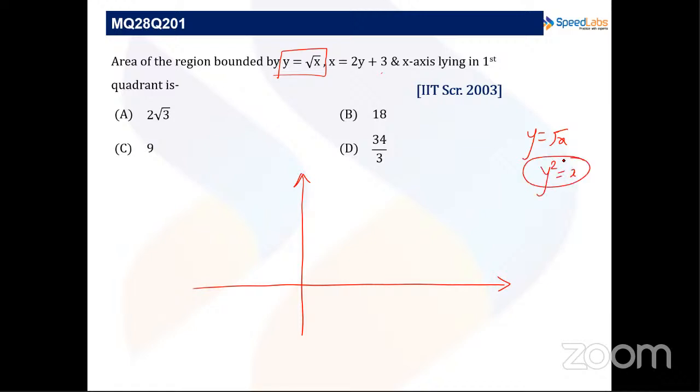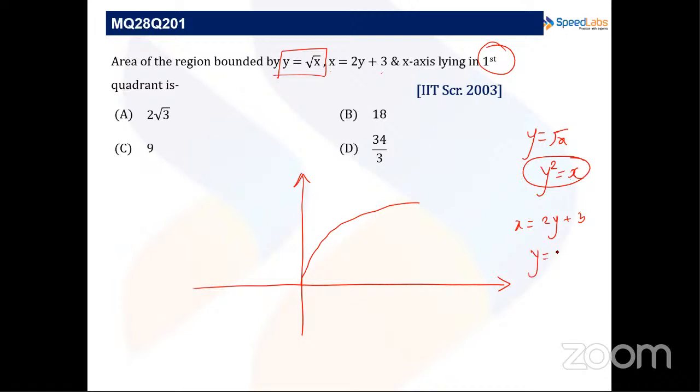So this is an equation of parabola. So this parabola is plotted for only positive values of y, and the line is x equals to 2y plus 3. We have to plot the curve for the first quadrant only.